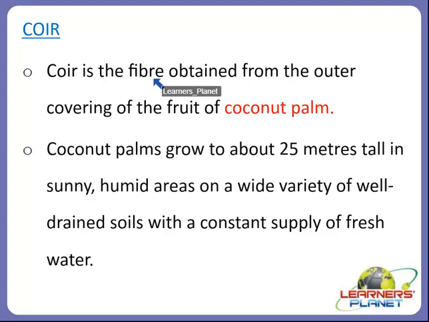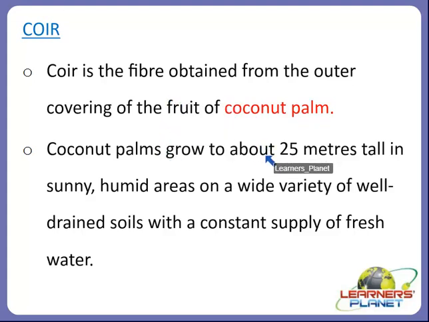So coir is a fiber obtained from the outer covering of the fruit of the coconut palm. Wow! Have you ever imagined that even the coconut palm can give such a fiber? Yes, it gives. Coir is the fiber which is obtained from the coconut palm.